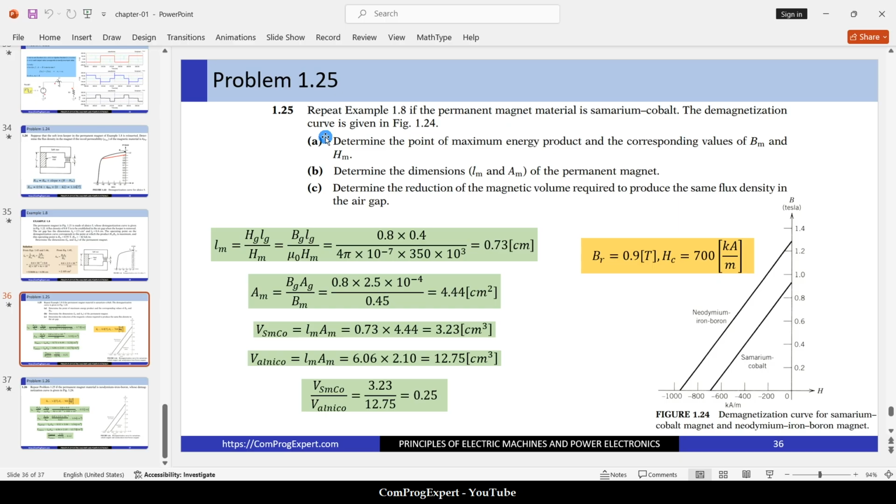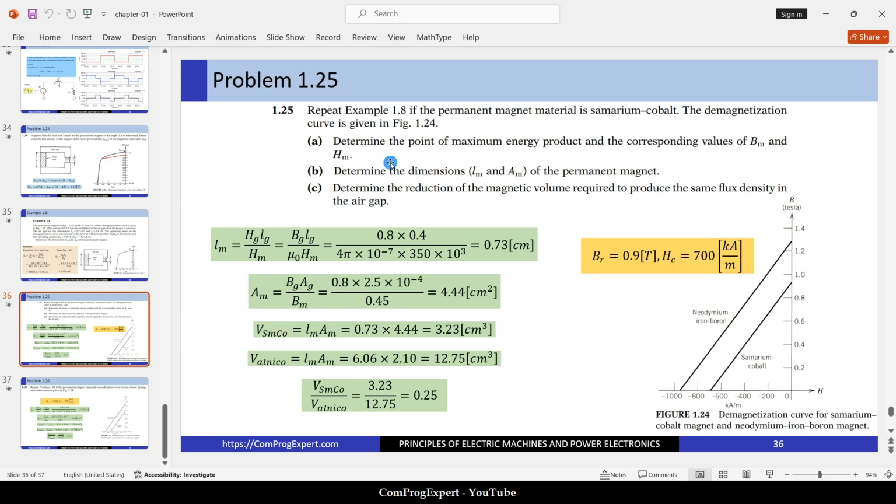A, determine the point of maximum energy product and the corresponding values of Bm and Hm. Then determine the dimensions Lm and Am of the permanent magnet, and finally determine the reduction of the magnet volume required to produce the same flux density in the air gap.